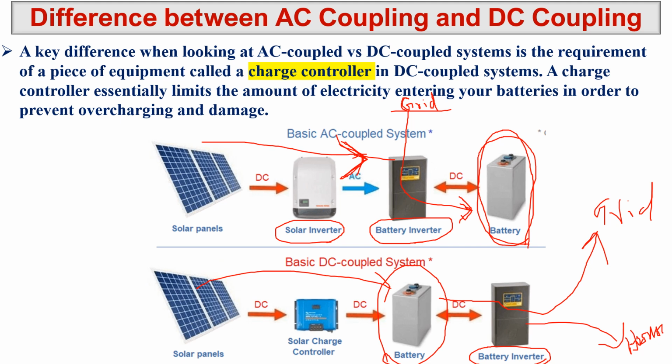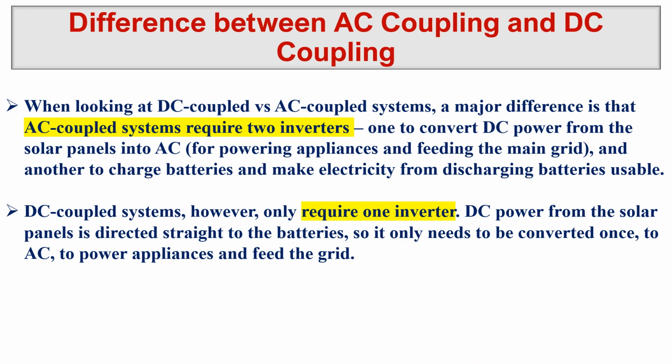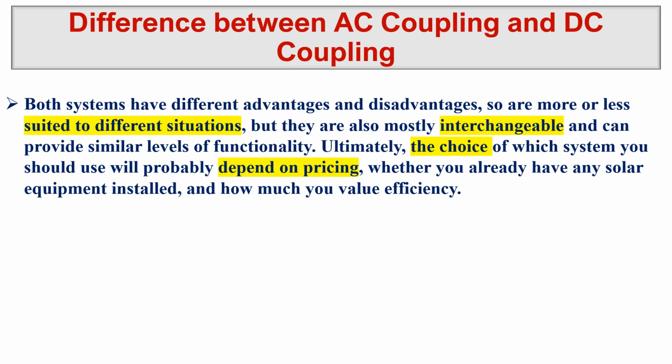We'll move on and talk a little more about this. When looking at DC coupled versus AC coupled systems, the major difference is that the AC coupled system requires two inverters. I repeat again, the DC coupled system requires only one inverter. This is the first differentiation.